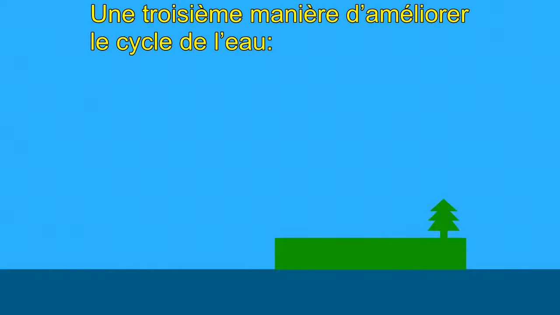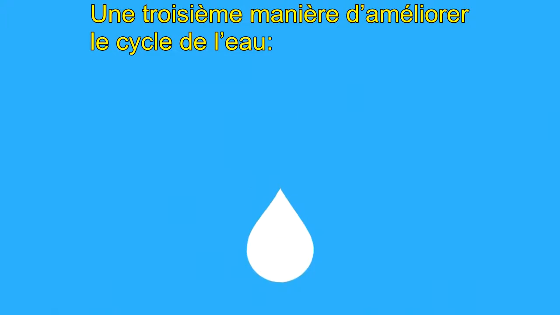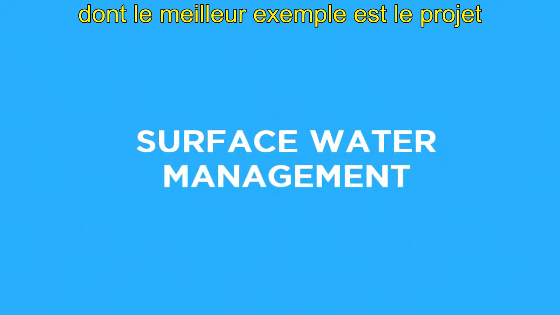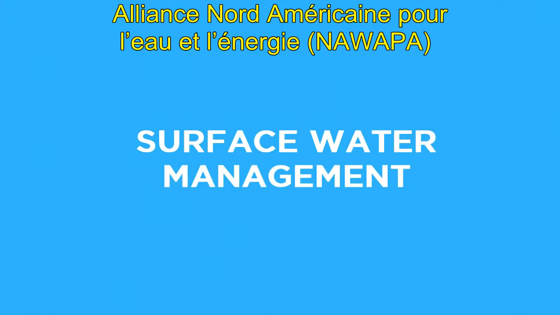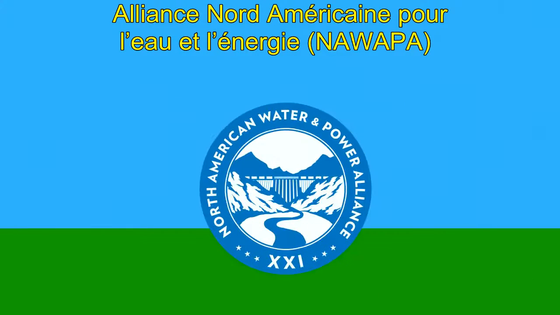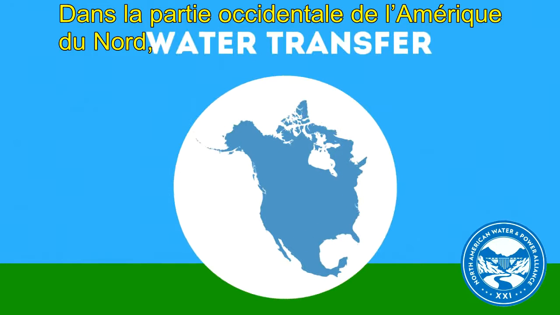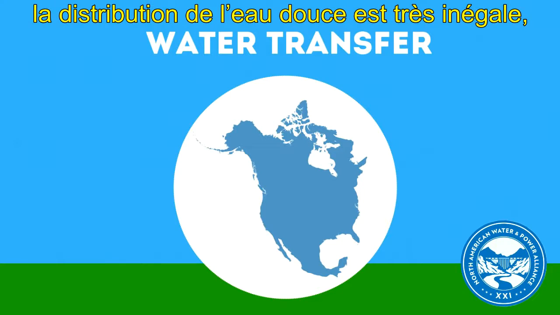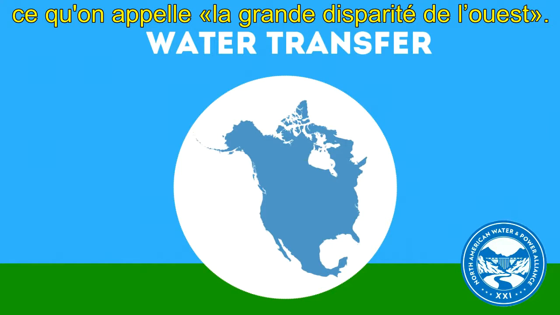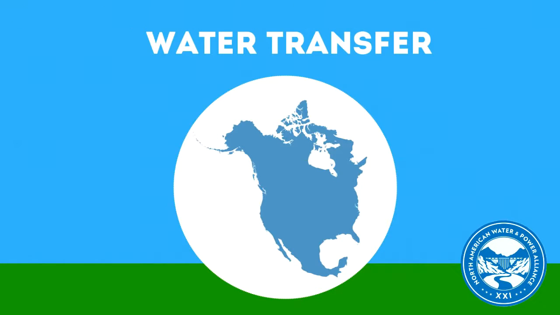A third way to improve the water cycle: surface water management, typified by the North American Water and Power Alliance. In the western half of North America, the distribution of fresh water is wildly uneven, creating a great western discrepancy.